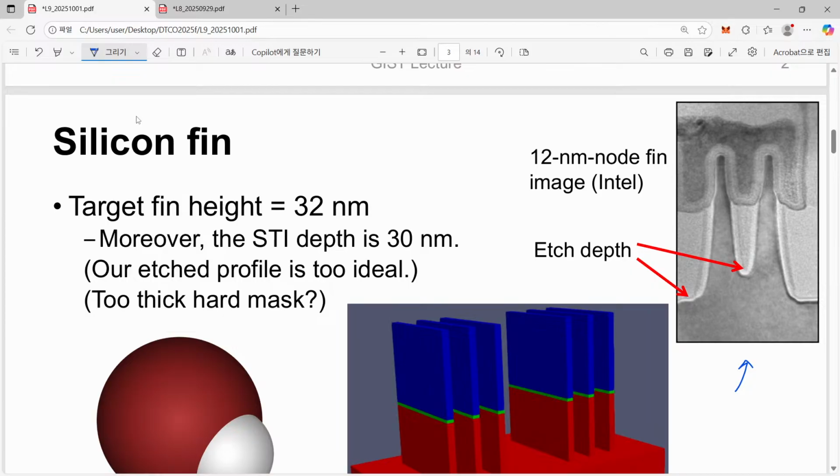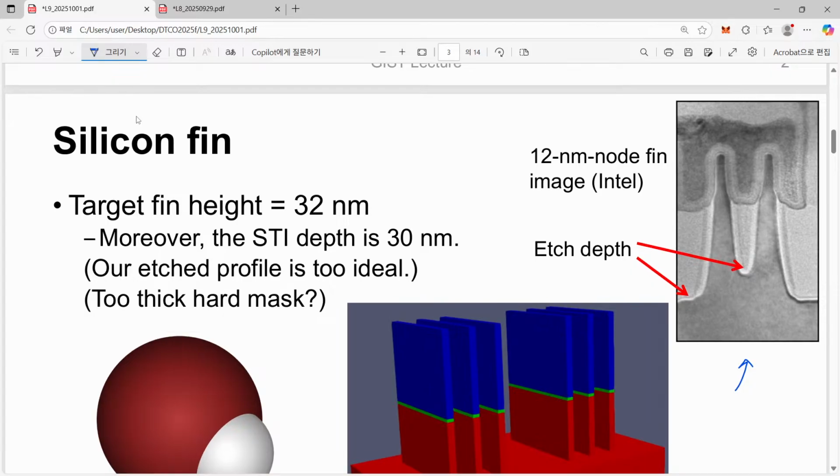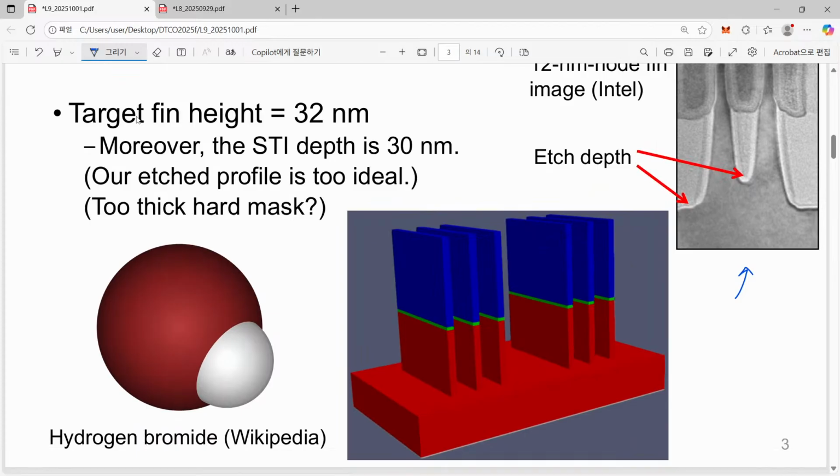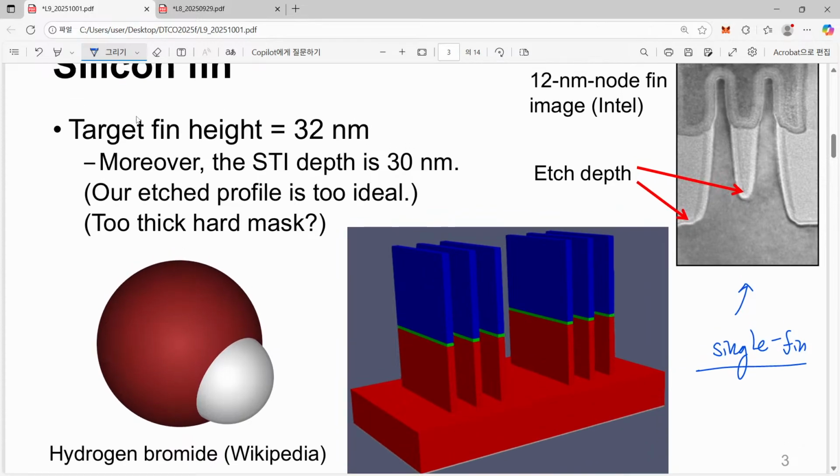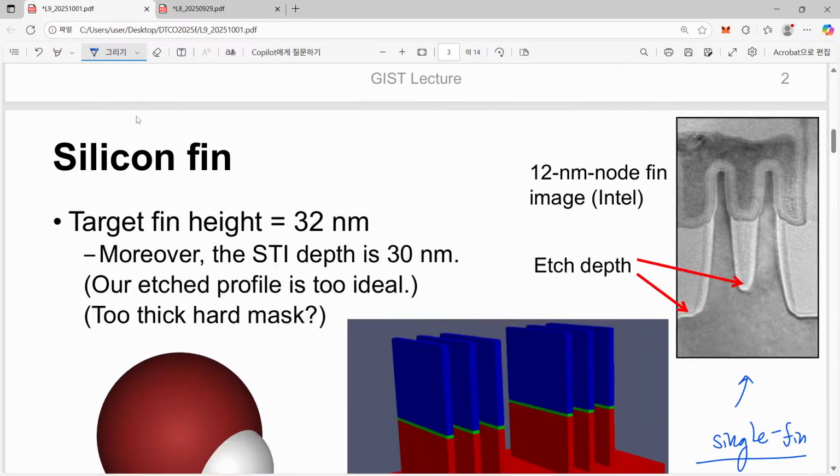Now we are at the end of the FinFET era, and single fin is a relatively new technology. Previously we had multiple fins to reduce variation of this fin structure. Anyway, I already stressed that one already.